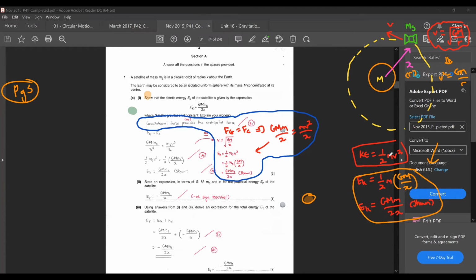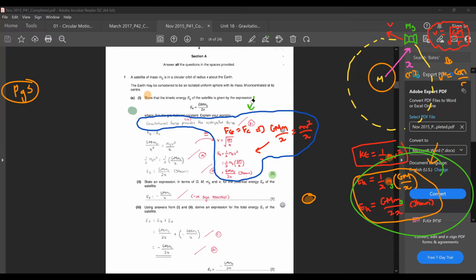This m is actually supposed to be m_s. Sorry, I remembered to change one of the variables, but I forgot the other. So this one is how you will get your full marks. If you had just shown this one by itself, you will not be getting the full marks. You will have to show the workings that I've circled in blue right over here. Then you will get your full marks.